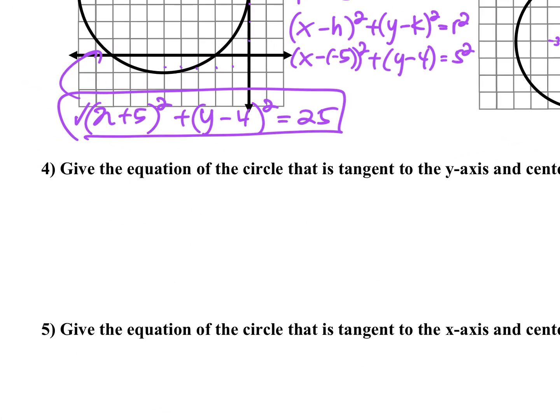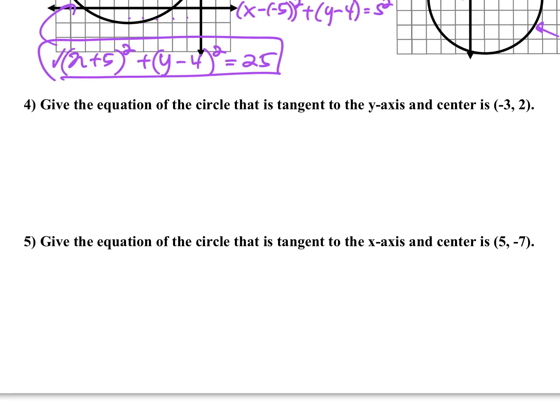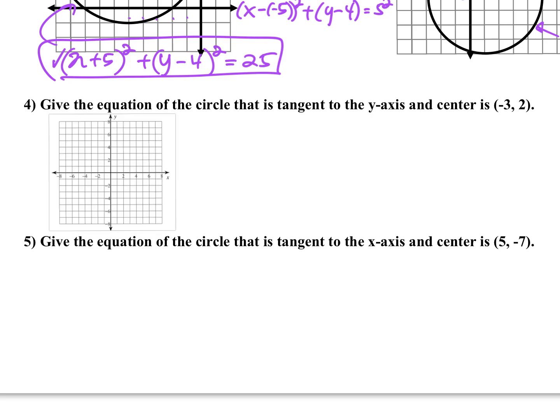Okay, here, give the equation of the circle that is tangent to the y-axis and center is negative 3, 2. So it says that the center here is gonna be located at, let me just write the C. C is located at negative 3 and then 2, and it's tangent to the y-axis.